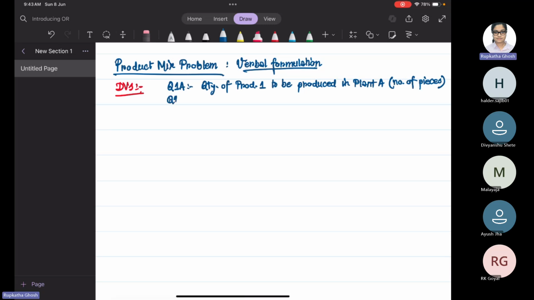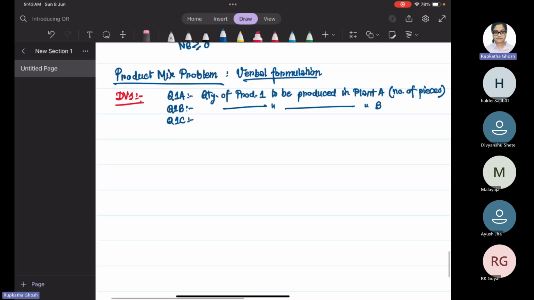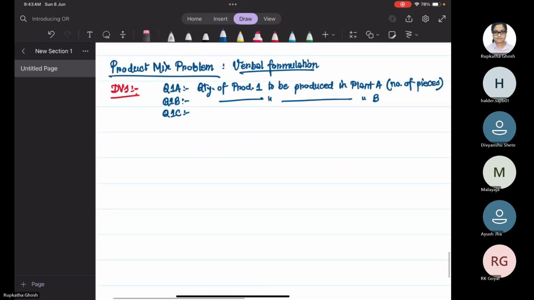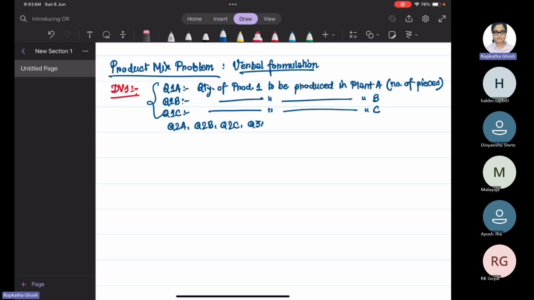Similarly, quantity of product 1 to be produced in plant B. Quantity of product 1 to be produced in plant C. Likewise, you will also have quantity of product 2 and product 3.